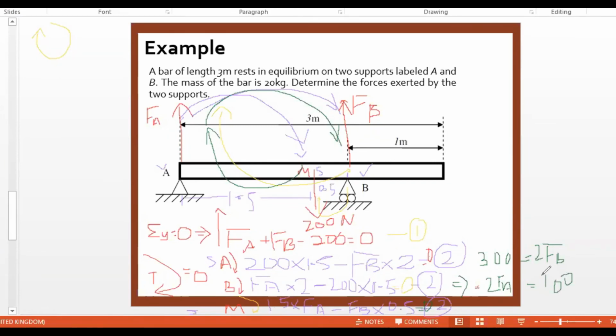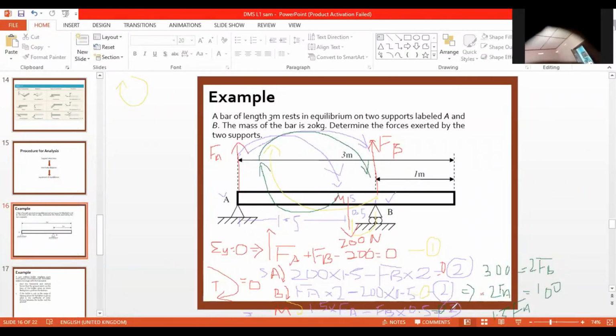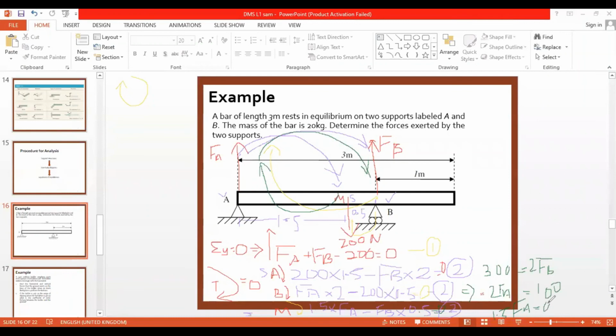Then I will solve the third equation also, M: 1.5 FA minus 0.5 FB is equal to 0. So 1.5 FA is equal to 0.5 FB. Now the first two equations you can readily solve.